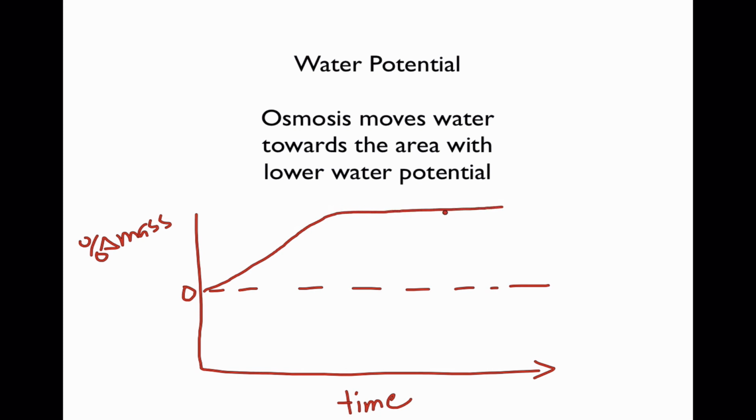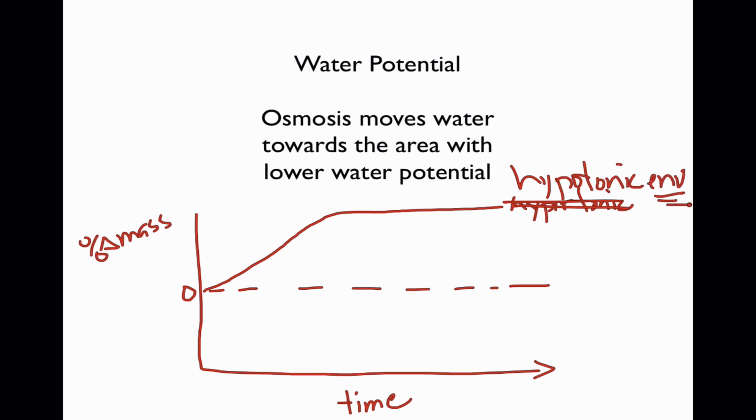This would be like a dialysis tubing cell that has absorbed all the water it possibly can. We would call this type of cell experiencing a hypertonic environment. Wait a minute, I did it wrong. Hypotonic environment.